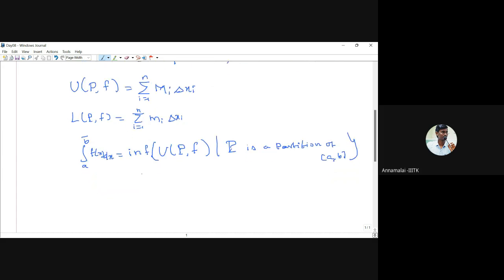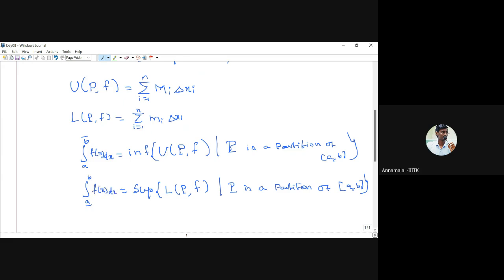Similarly, for each partition you have to find the lower sum and then take the supremum of the lower sums, where the partition is varying. So you are varying all the partitions and then take the supremum. We call this the lower integral, denoted by the integral from a to b of f of x dx with a lower bar.